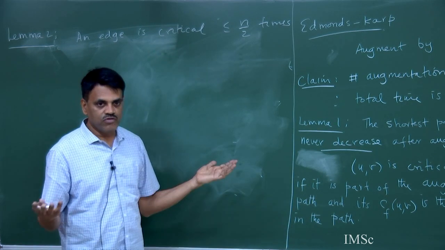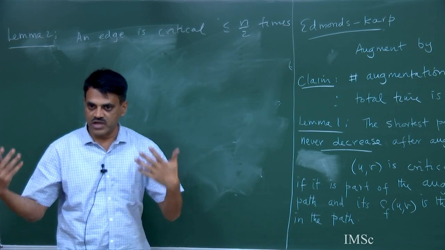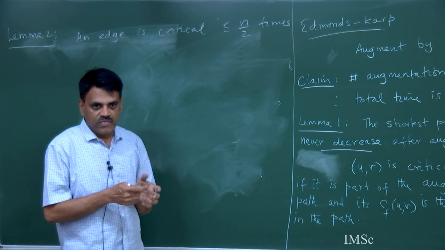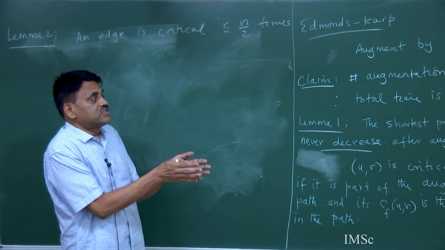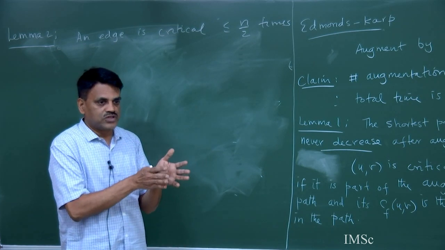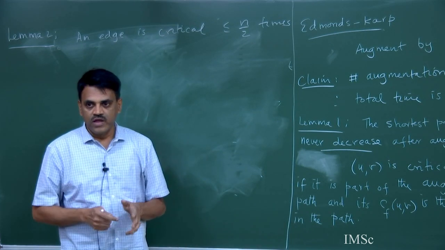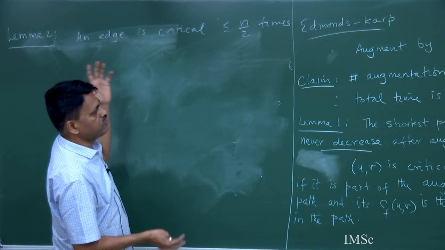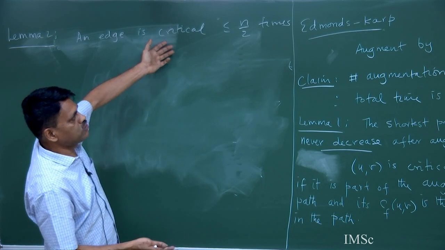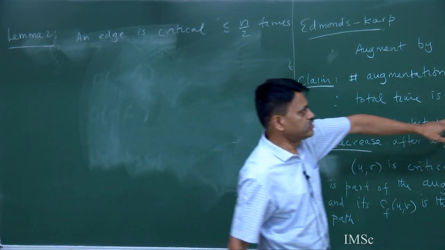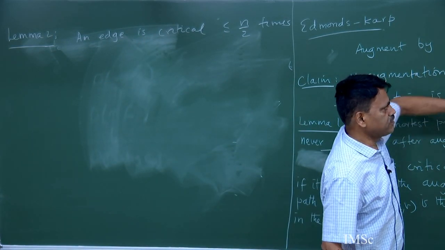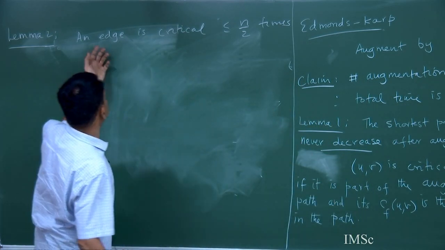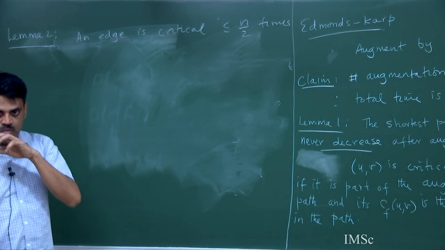So the number of augmentations possible is at most m times n by 2, right? Because there may be many edges that are critical, that works in your favor actually. So you can bound the number of augmentations by the number of critical edges, and that will be m times n by 2, and that's what I wanted to show. Okay, so these are the two lemmas we want to show.